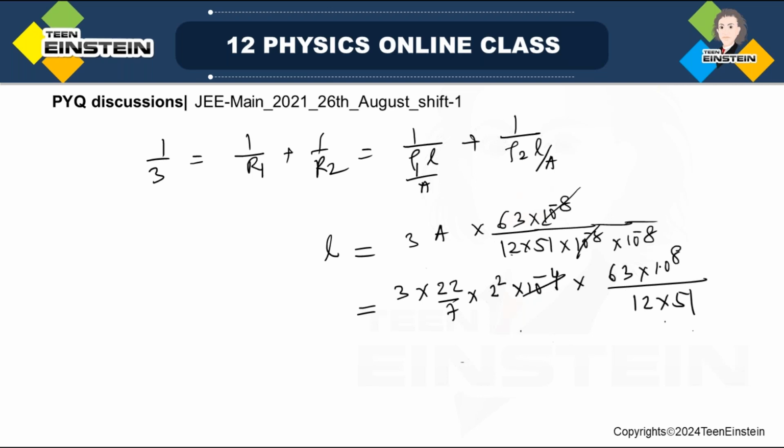So this will make it 10 to the power 4. Fine. So this will make it 4. This 4 cancels each other. This is 9.